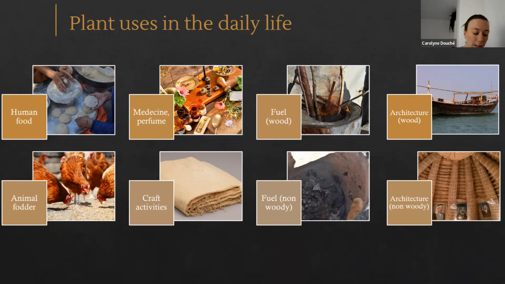Or indirectly, like dung cake that contains a plant eaten by the animal. Finally, wood and herbaceous plants can be used in construction, architecture, roofing, and boats. And in addition, plants can be used for their nice smell and colors, like ornamental plants grown in the garden, or as a symbol, like for fertility, for example.